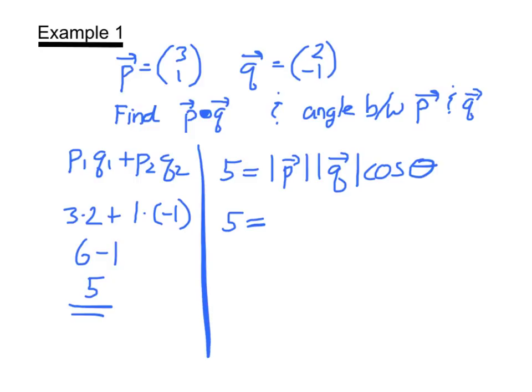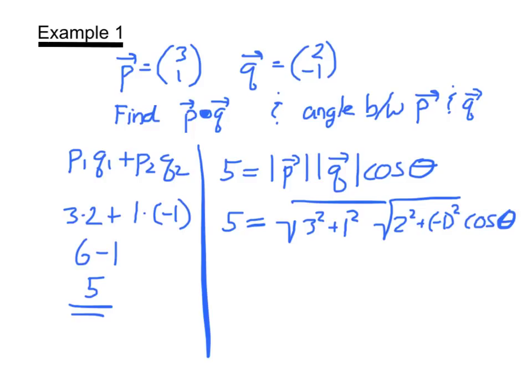So we have 5 equals the magnitude of vector P, which is simply the square root of 3 squared plus 1 squared, times the magnitude of vector Q, which is the square root of 2 squared plus negative 1 squared, times cosine theta.